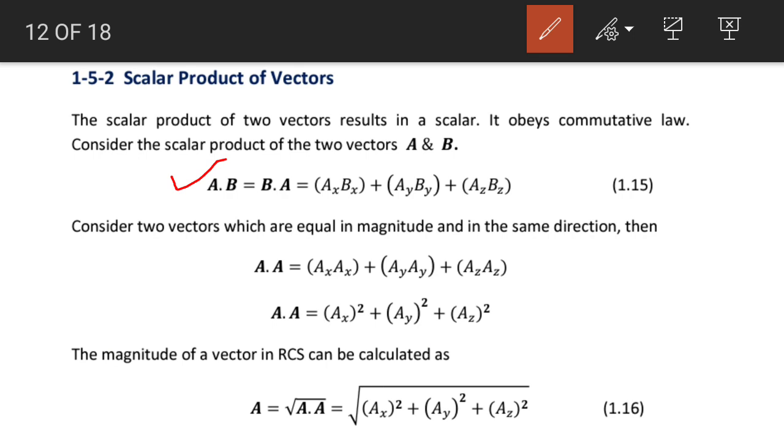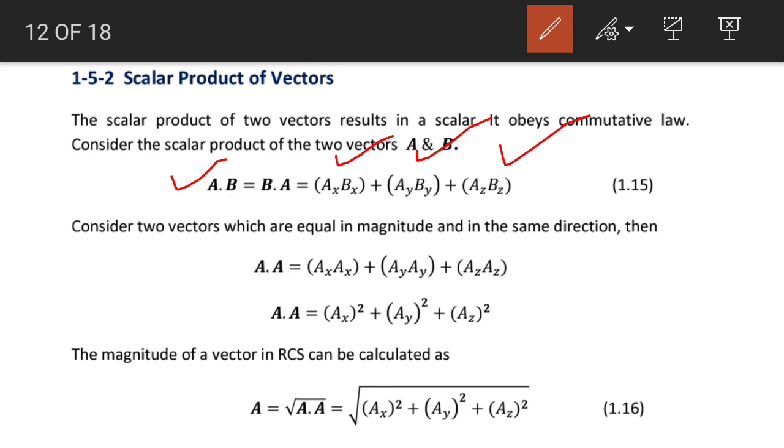If we simplify this scalar product, we get ax bx plus ay by plus az bz. So this is how we calculate the scalar product of two vectors in the rectangular coordinate system.